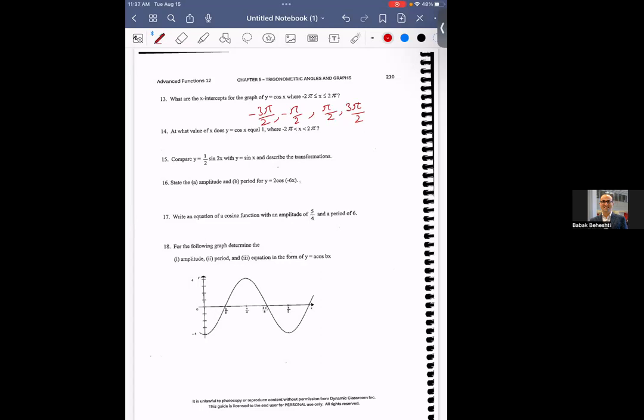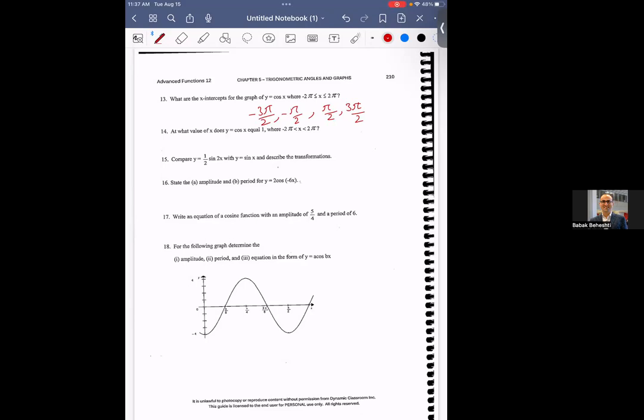Question 14 is quite similar. It says, for what values of x is cosine equal to 1 when x is between minus 2 pi and 2 pi.